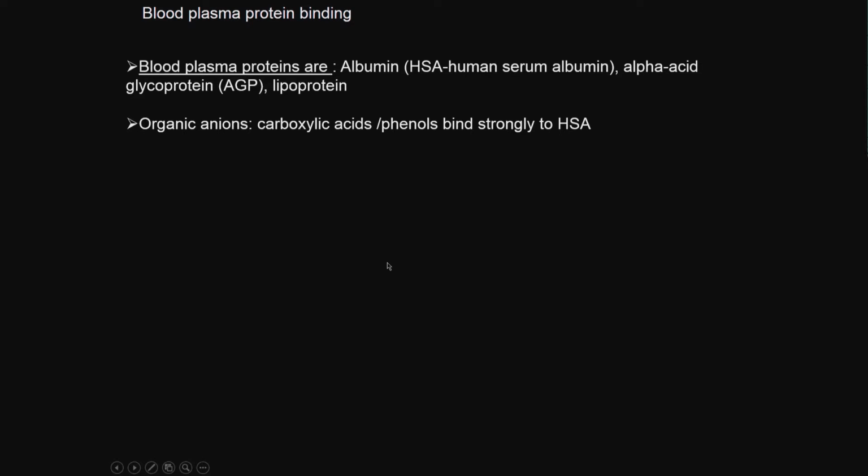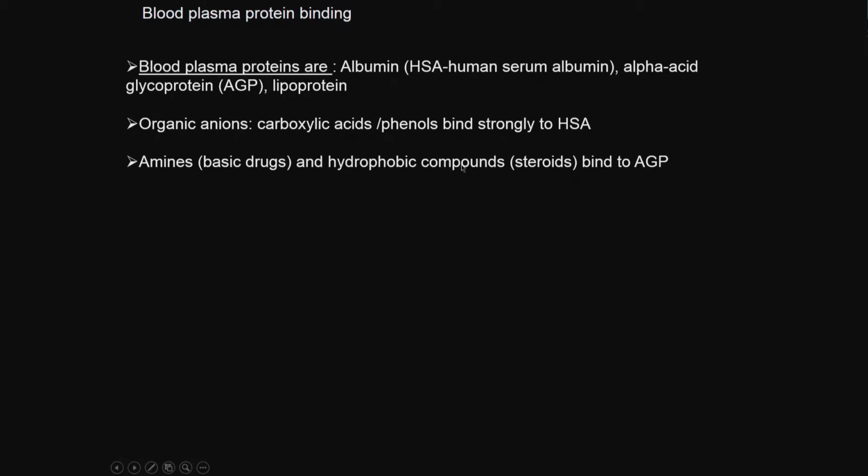So the amount of freely available drug in the blood will be reduced because of this. Amines, basic drugs and hydrophobic compounds like steroids bind to the glycoprotein, whereas acidic drugs can bind to albumin.